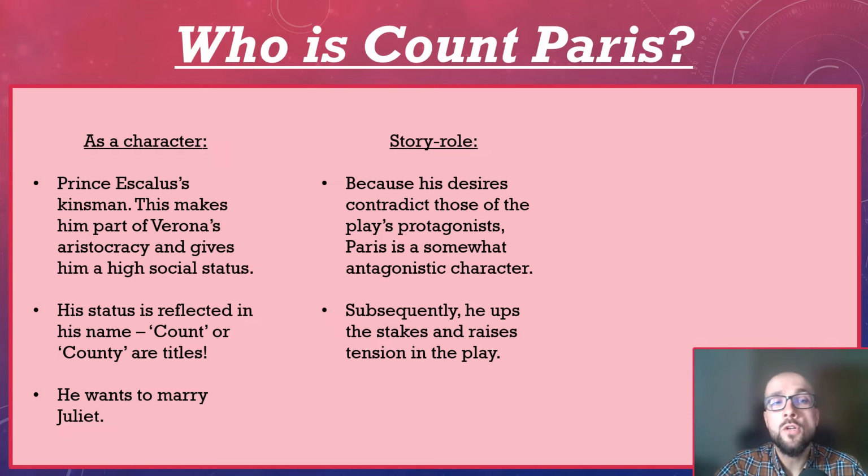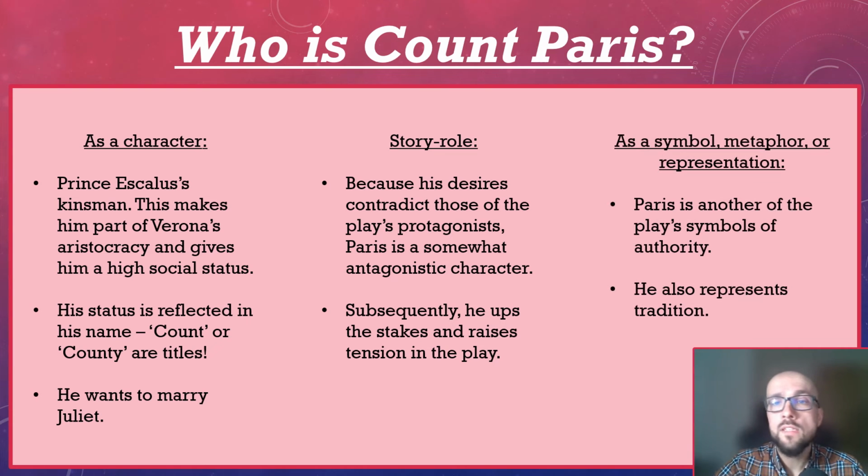Now, I would say that you could consider Paris to be a symbol, representation, or metaphor for two different things. Given his high social status and his relation to Prince Escalus, you could argue that he is another of the play's symbols for authority.